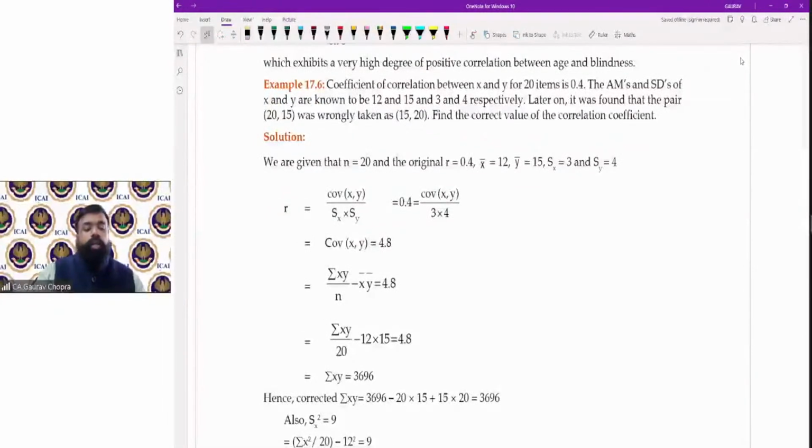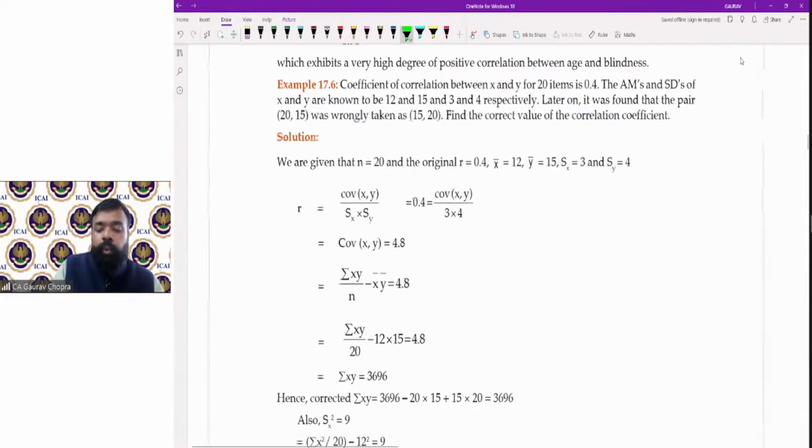Yes. Now let's try the 17.6 one. 17.6. So coefficient of correlation between X and Y for 20 items is 0.4. So what is given here? Coefficient of correlation for 20 items is 0.4.